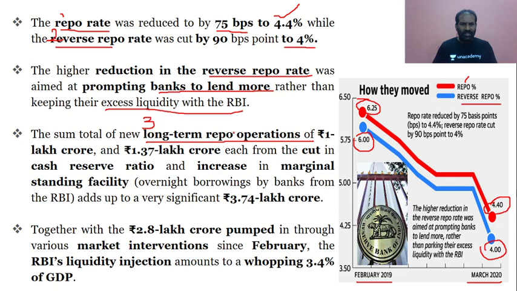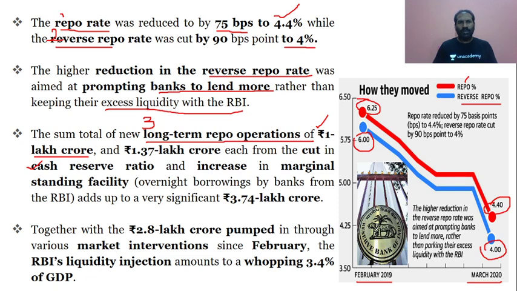Through LTRO, long-term repo operation, there would be pumping of 1 lakh crore rupees into the market, and 1.37 lakh crore from, again, the cut in the cash reserve ratio.